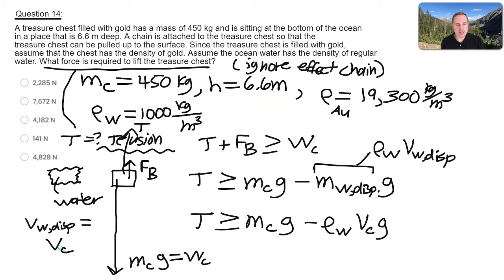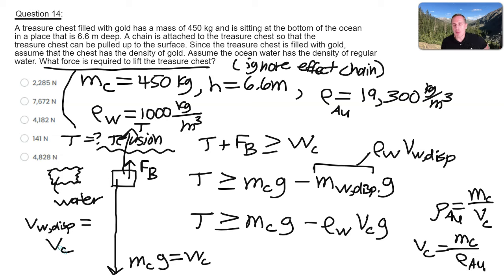I've already been using the fact that density is mass divided by volume. But if I want the volume of the chest, I need to take the density of gold and the mass of the chest, and I can rearrange this. So the volume of the chest via algebra is mass of the chest divided by the density of gold.